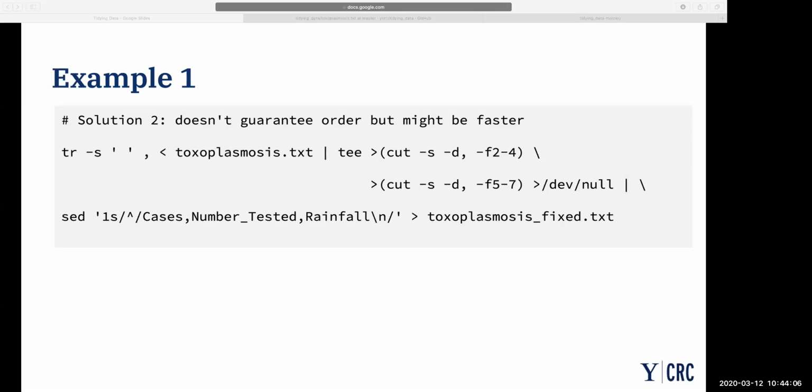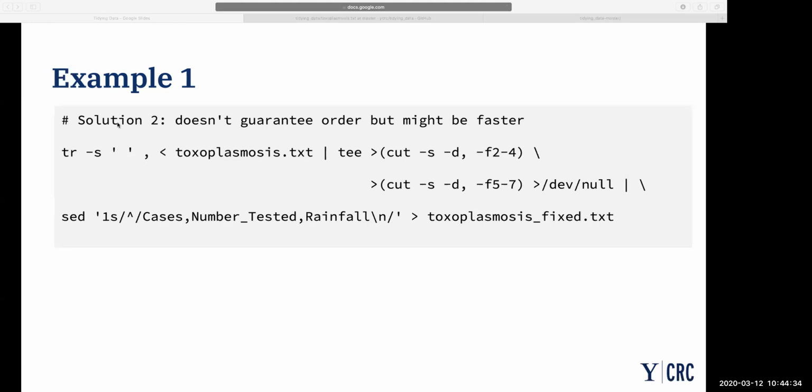And so what I'm doing here is I'm using that translate command to take our file of interest and squeeze, with this -s, all occurrences of one or more spaces and replace them with a comma.